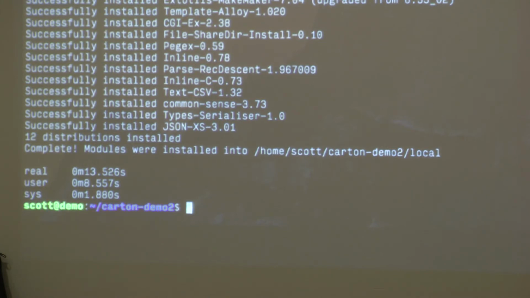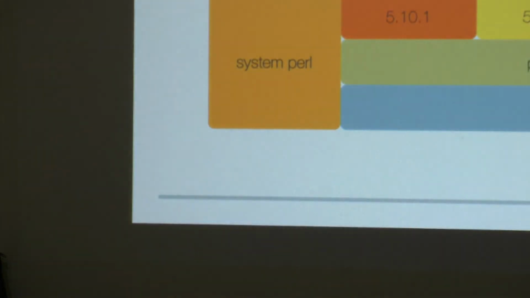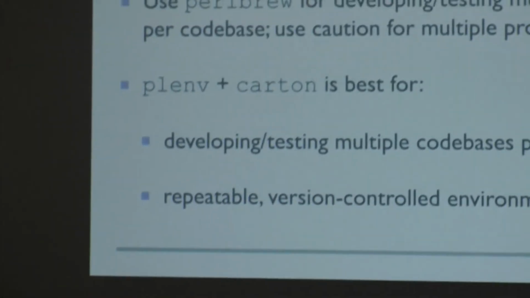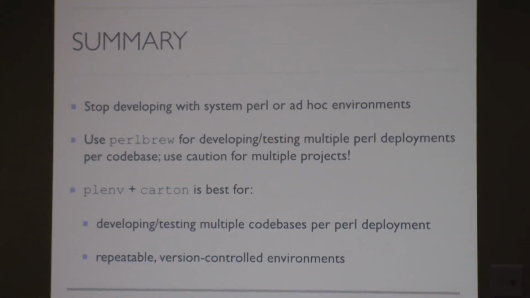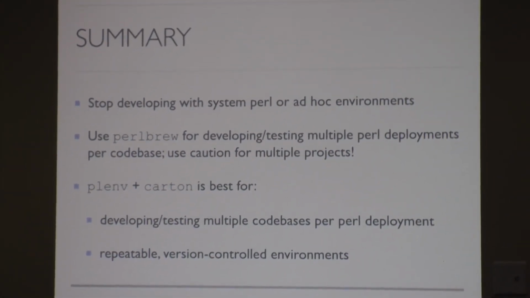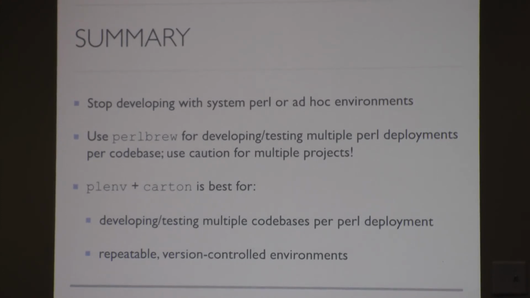And I think that's all I got for the Carton demo. So here, I've used all of these methods for multiple years. If you're doing system Perl or ad hoc environments, I recommend you stop, in my opinion.